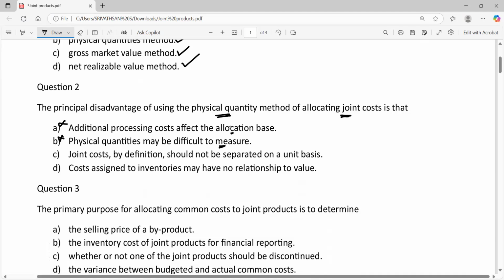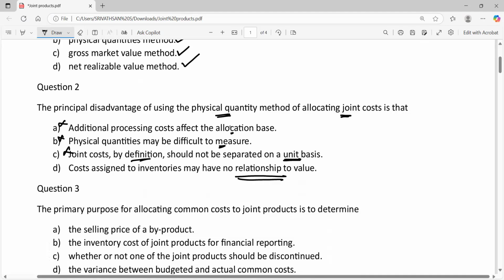Joint costs by definition should not be separated on a unit basis. There is nothing like that. Joint cost can be separated on the basis of number of units. So option C is also not the right answer. Look at option D. Cost assigned to inventories may have no relationship to value.